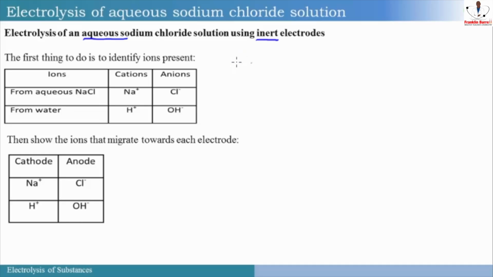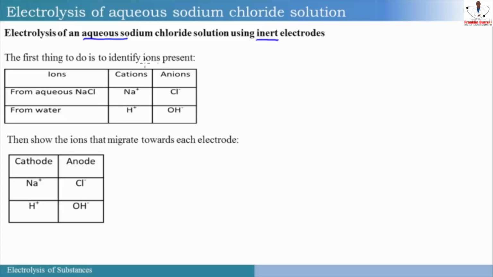Now, the difference between this example and the one where we looked at concentrated sodium chloride is that this time OH- would come off in preference to Cl- because we have a lot of water to small amounts of Na+ and Cl-. So being aqueous and our electrode is inert, then we must use factor 1.